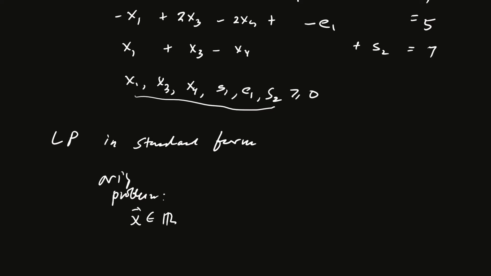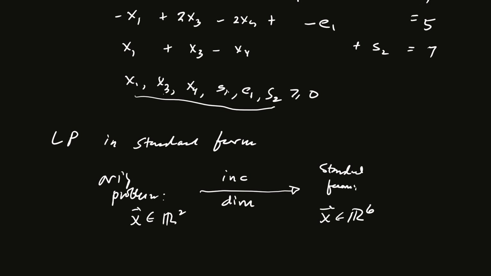But what we've just done is we've increased the dimension, and so in standard form our new variable set is in R6. So we're going to be in the higher dimensional set.